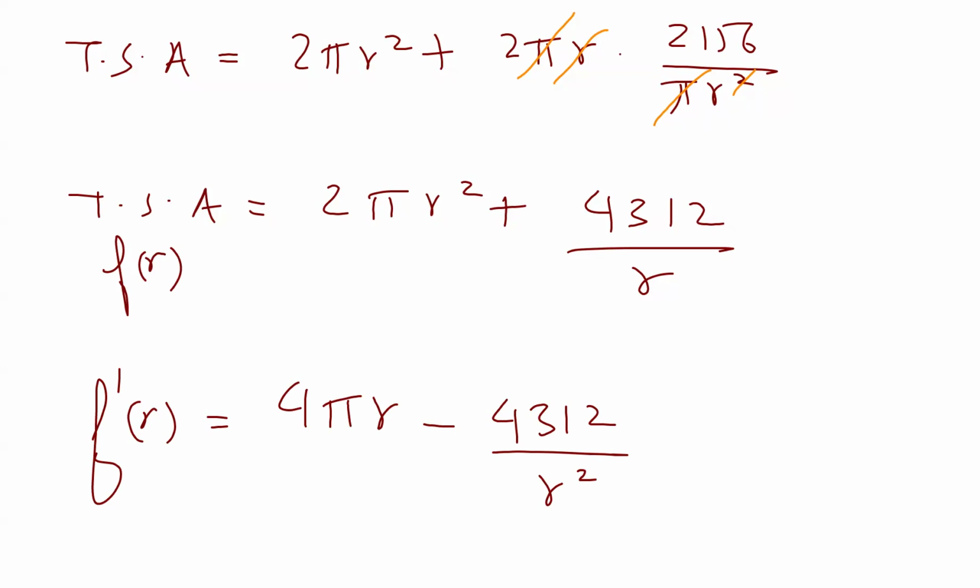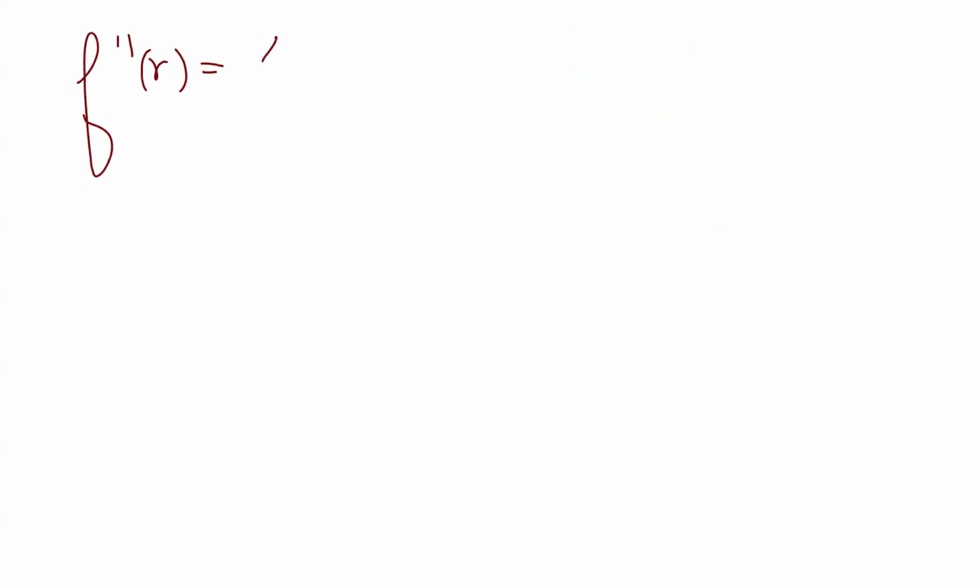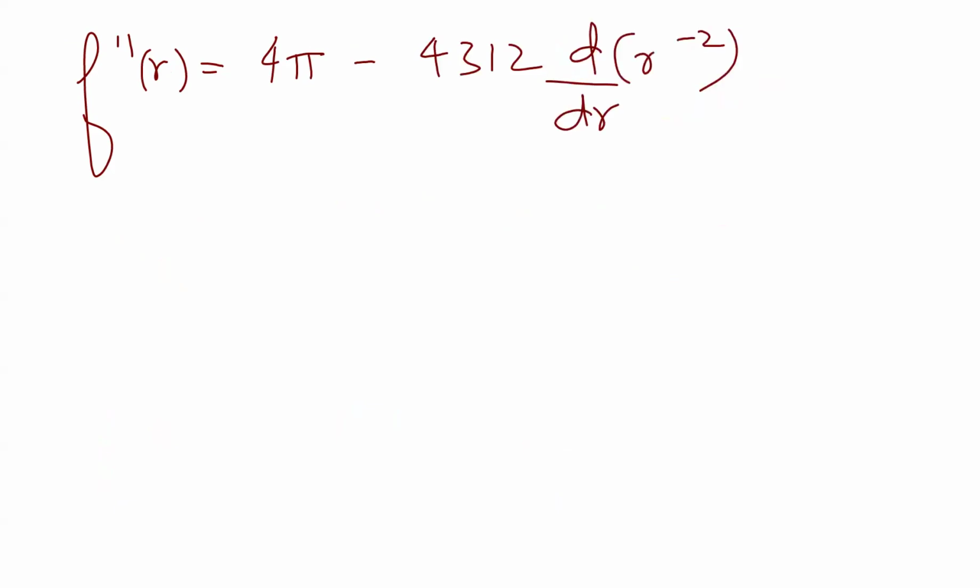Now f double dash r, that is also quite crucial. Have you copied this much? Yes, sir. So f double dash r is equal to 4 pi, since the derivative of 4 pi r is 4 pi, minus 4312 d by dr of r raised to minus 2.